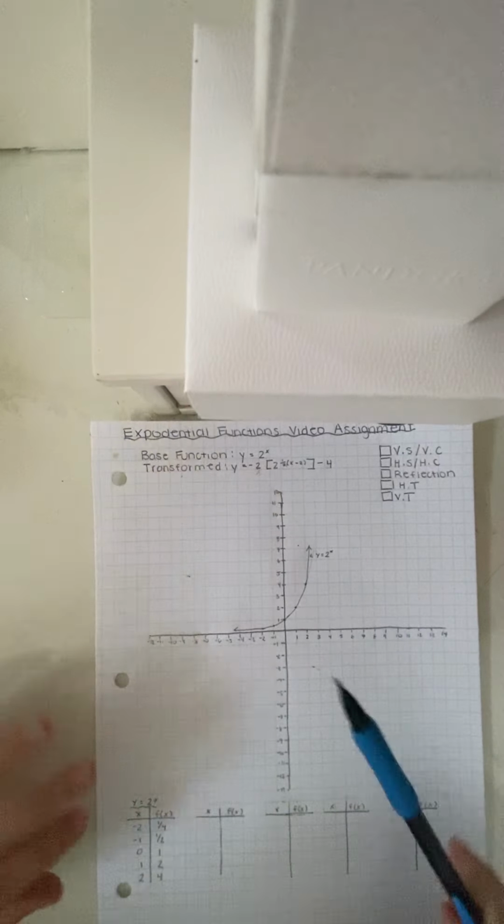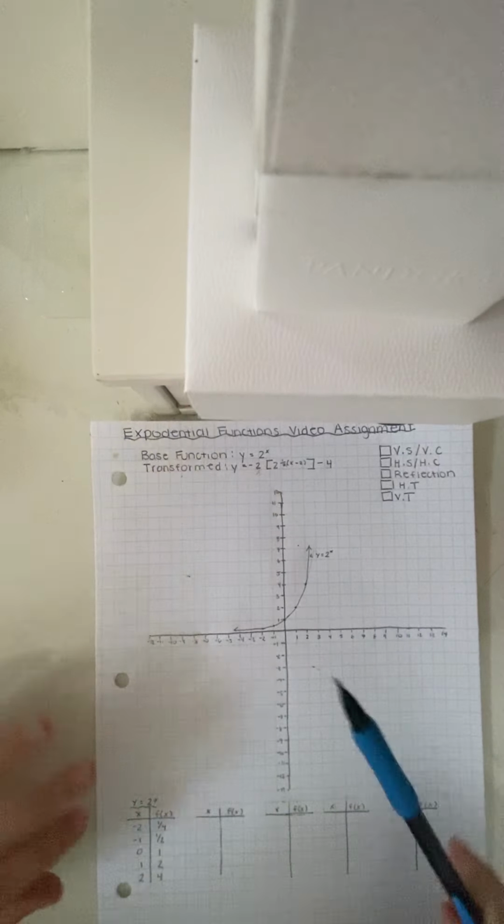I'm going to keep these x values the exact same, but the y values are what change. Since it's a factor of 2, we just have to multiply these numbers by 2. So 1 over 4 times 2 equals 1 over 2. I'm just going to finish this off. That's 1, 2, 4, and 8.